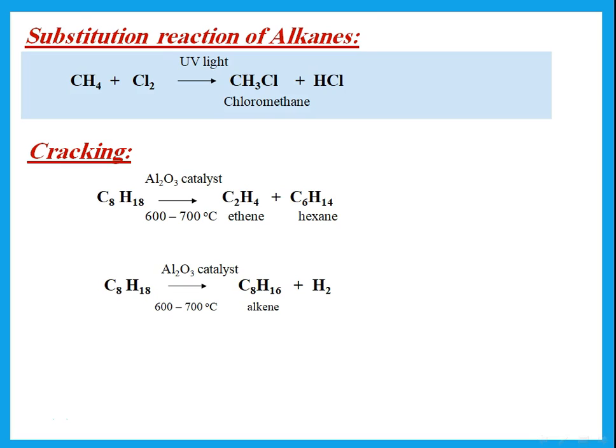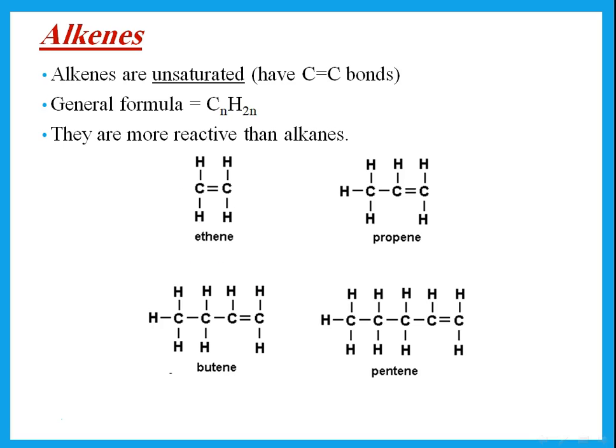So the conditions for cracking are an aluminium oxide or alumina catalyst and 600 to 700 degrees centigrade. This will give me an alkene plus the rest of whatever I'm starting with. He will give it to you to complete the equation, and you should be able to complete the rest of it.